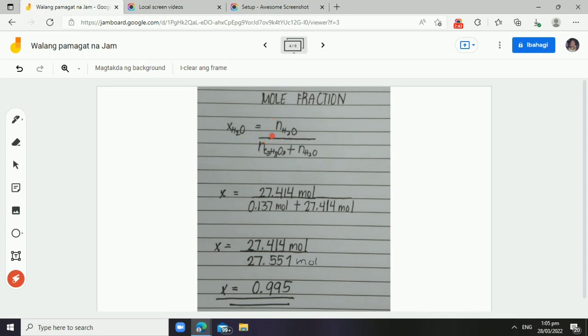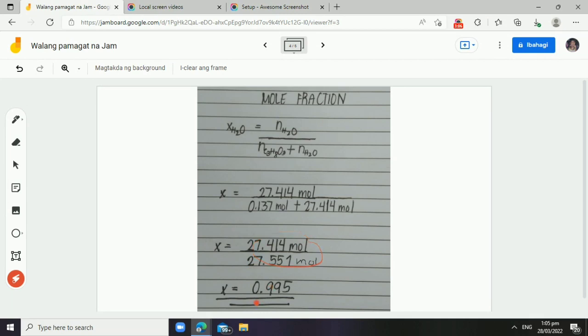Yan, ito ang ating nagamit na formula. So, moles of water, which is 27.414, and i-add lang natin yung mole ng water and ng glycerol, and we are going to get 27.551 moles. I-divide natin siya, and we are going to get 0.995, which is our mole fraction.